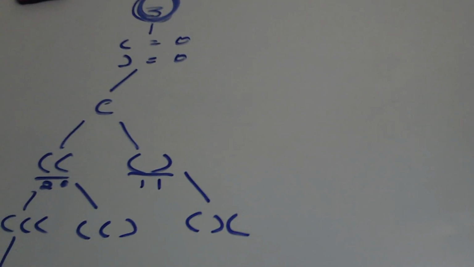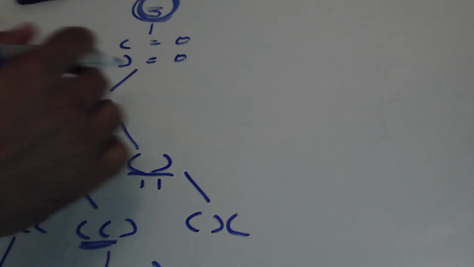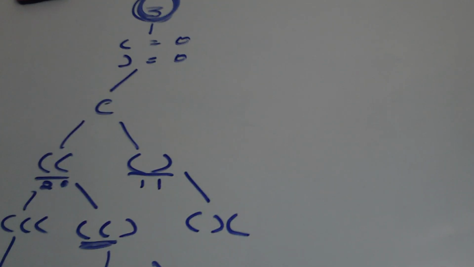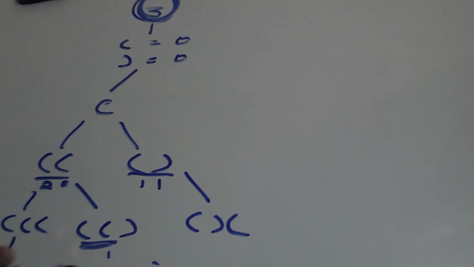In this case, the number of opening is less than 3, so we can add more. But here the number of closing is less than opening, so we can add one more. Sorry, it's going out of boundary, so let me draw here again.